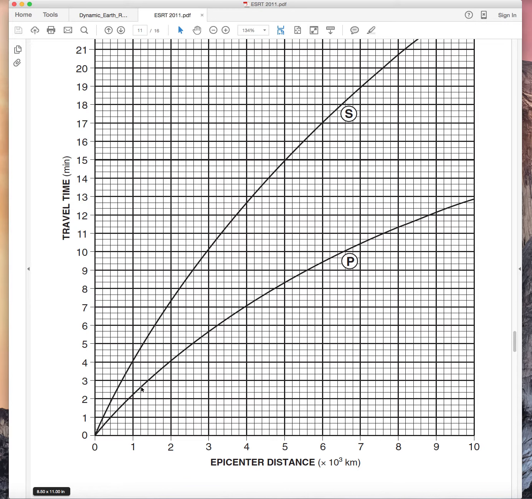So what's my travel time for the S wave at that same station, the same distance of 1,200? I take that same location, I bring it up until I hit the S wave. Hits about here, and I bring this across, and it occurs sometime between 4 minutes and 40 seconds and 5 minutes and 0 seconds.